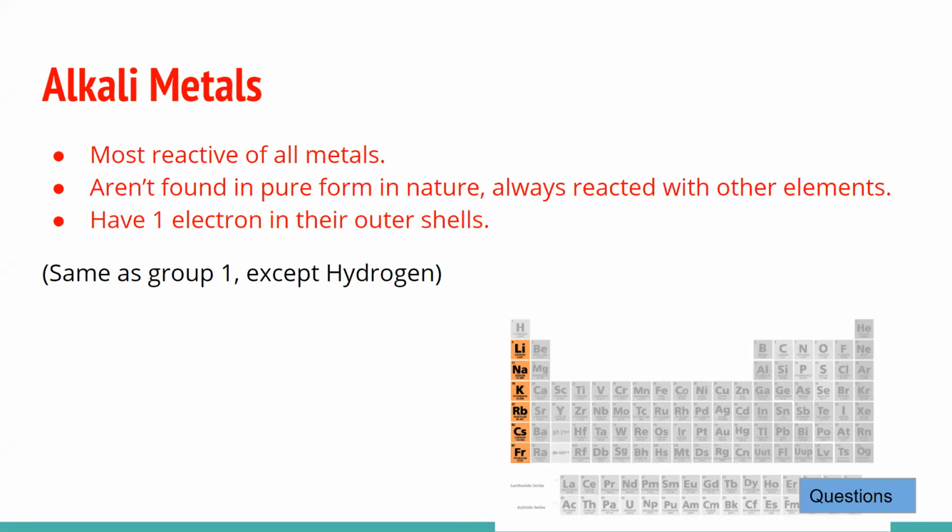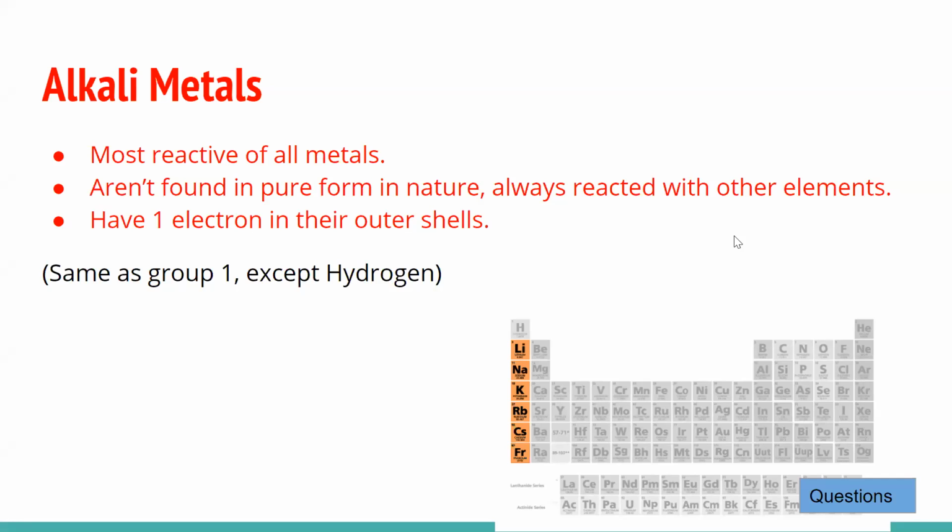You'll never find lithium just by itself out in nature because it really likes to attach itself to other atoms. It likes to attach itself to other atoms because it has this one electron in its outer shell. It really likes to give up that electron. And when it gives up that electron, it becomes magnetic. It'll actually stick to other atoms that way.